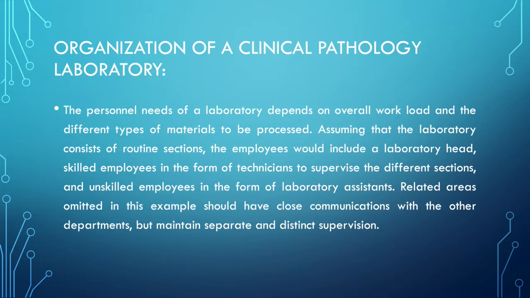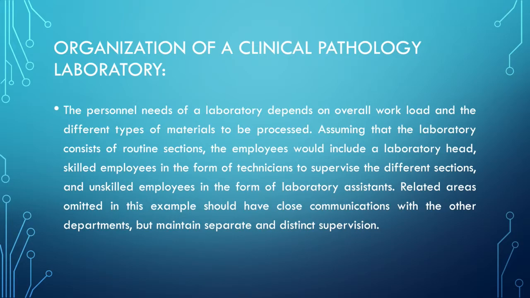Now, the organization of a clinical pathology laboratory, how it works. In any kind of clinical pathology laboratory, it works under a laboratory head. The laboratory head is the person who takes care of the whole laboratory, and then the skilled employees.